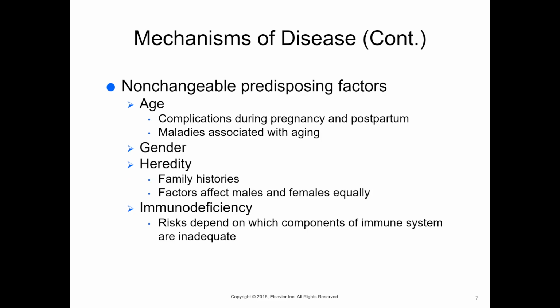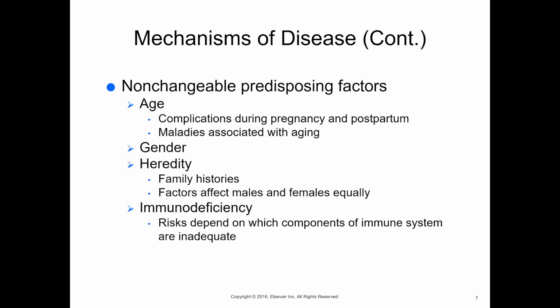And then these non-changeable predisposing factors, our age, we constantly get older. Our biological sex, the biological sex of a fetus is kind of decided before the mother even knows that they're pregnant, right? Those processes have already started at that point. We talk about heredity. You can't choose your family.